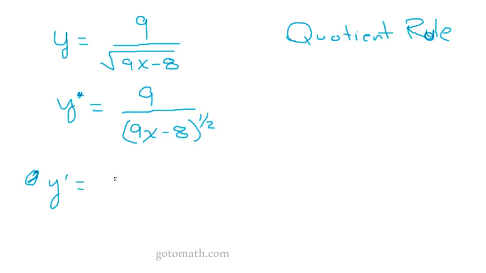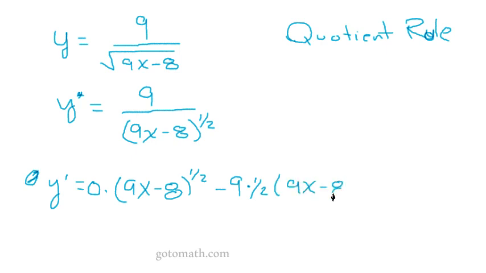Alright, and check this out. The derivative of the top is 0 times the bottom. We just rewrite the bottom, minus the top, which is 9. And now we take the derivative of the bottom. So we take the half, bring it out front, 9x minus 8, subtract 1 from the exponent, which makes that a negative half.